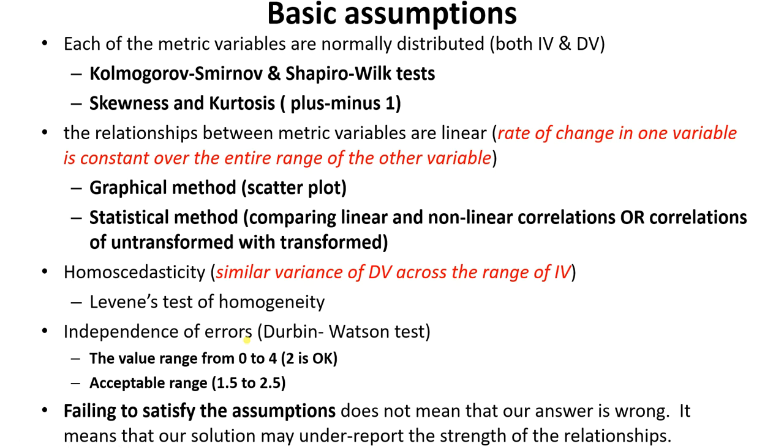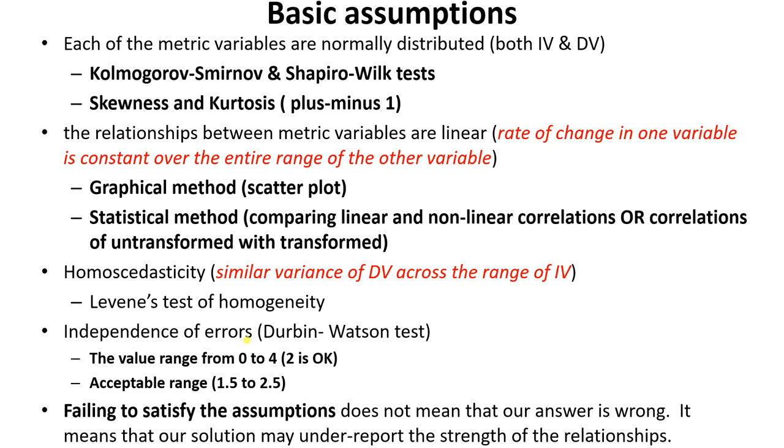The error in making a prediction for individual 1 is not related to the error made in predicting individual 2. If the errors are correlated, it is called autocorrelation.